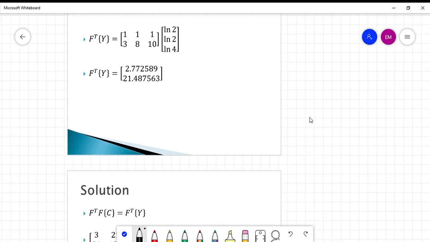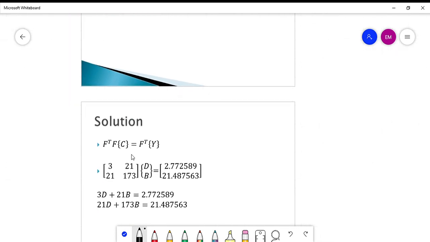So next, the FP, F times C. So, katanan, ato nang i-multiply, we have 3B plus 21B equals kani. Tapos 21B plus 173B equals kani. So, diba ang ato ang goal is to find the value of the coefficients. So, diri we form two equations to unknowns.